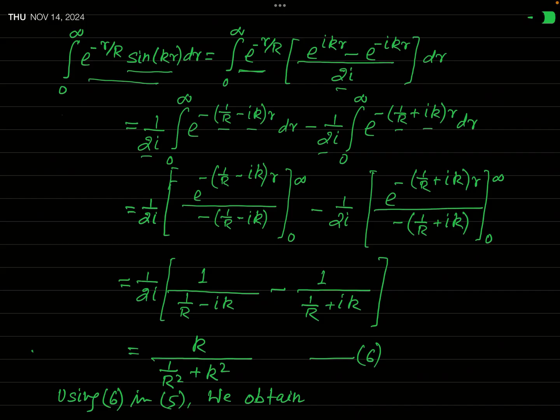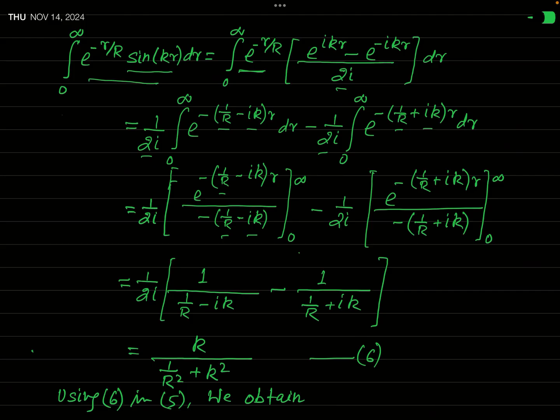Now these two integrals are very simple. This is in the form of e to the power ax, and that is e to the power ax divided by a. So the first integral is 1 over 2i e to the power minus (1/R minus iκ) r divided by minus (1/R minus iκ), and limits are 0 and infinity.